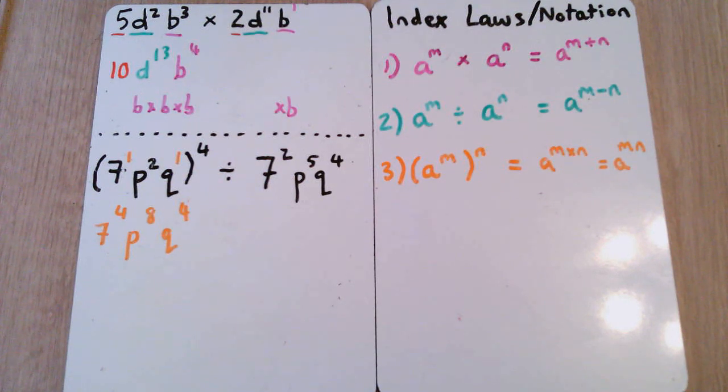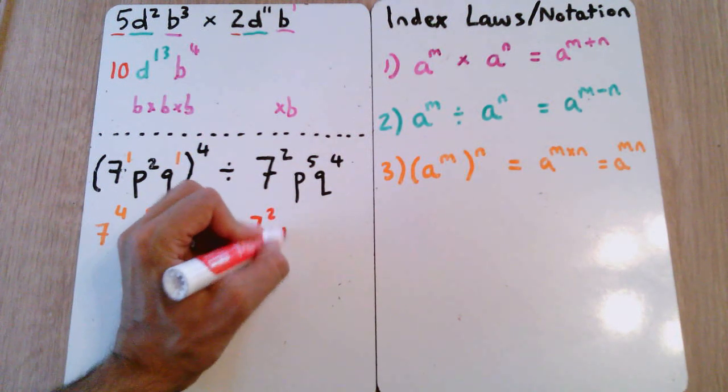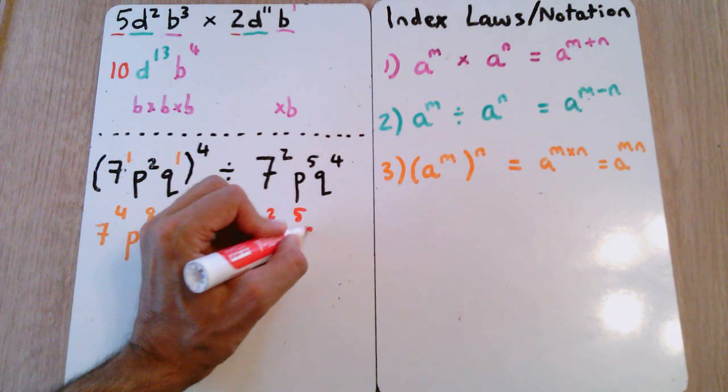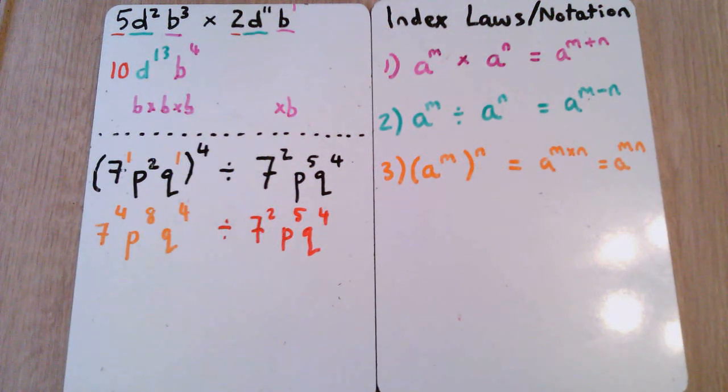And then the rest of the question just stays the same. We are simply dividing this by 7 squared, p to the 5, and q to the 4. So when we divide this, we end up with 7 to the 4 divided by 7 squared. So via division, that is a subtraction, which means we're left with 7 to the power of 2.